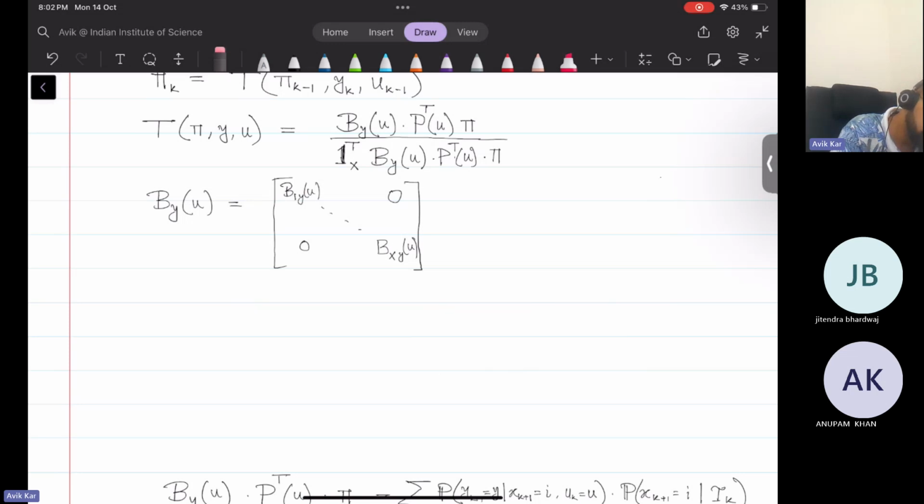So this B_{Y,U} is a diagonal matrix, and we'll multiply it with a vector that gives us the probability that X_{k+1} is x.